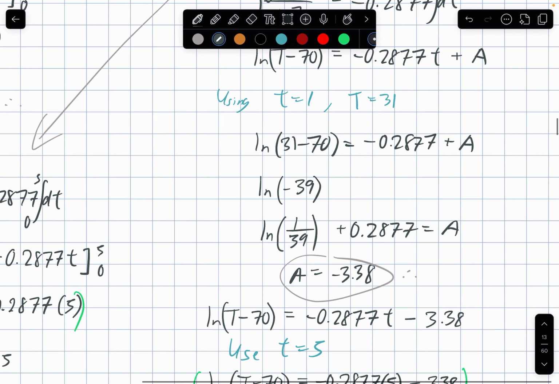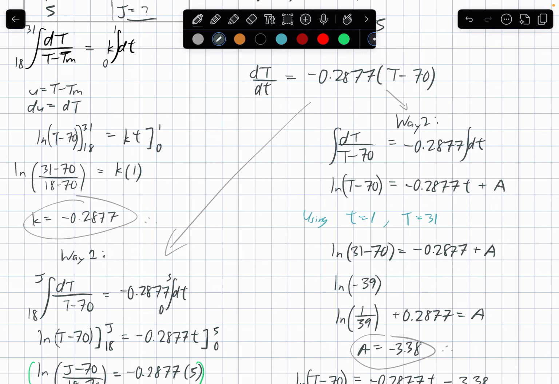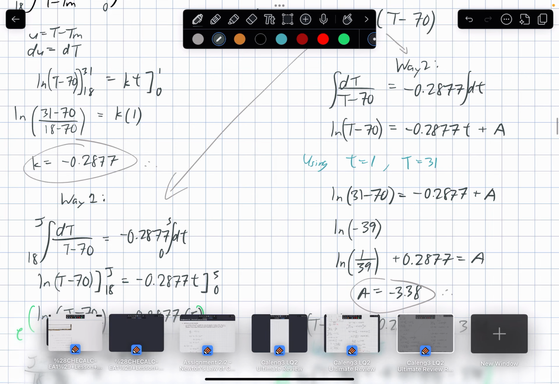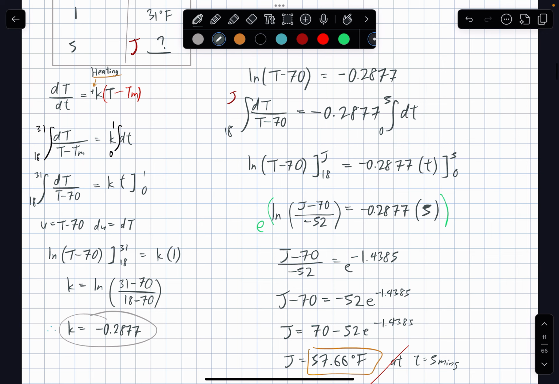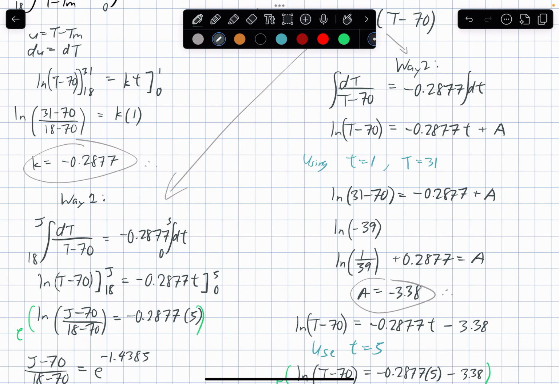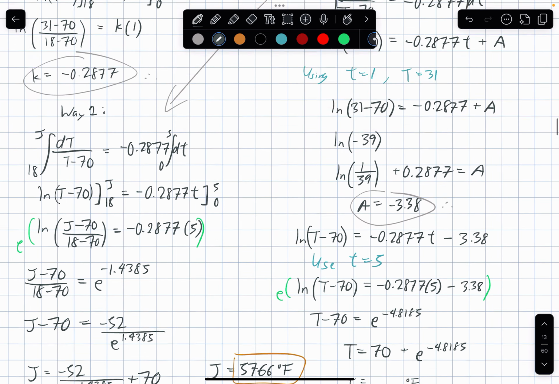I think it really does have something to do with this. What did I do in my previous solution? Okay, so I didn't use this method. What I did was this, and we had no problem.